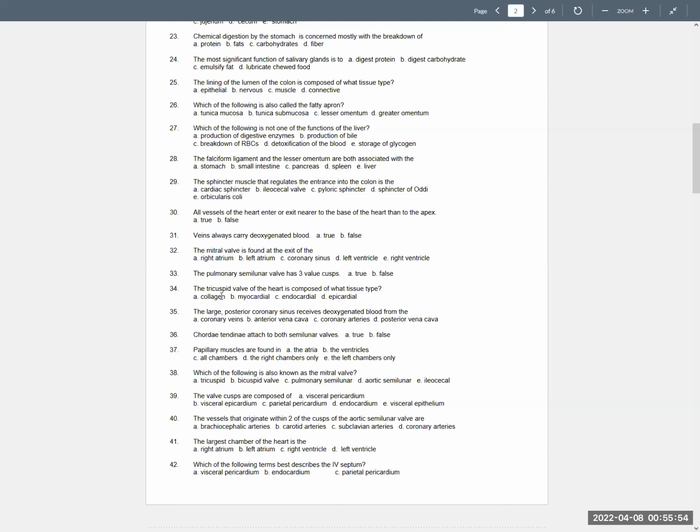What type of tissue, number 34, composes the tricuspid valve? So now you got to read your answers. Collagen, never heard of that, not yet. Myocardial tissue, endocardial tissue, epicardial tissue.